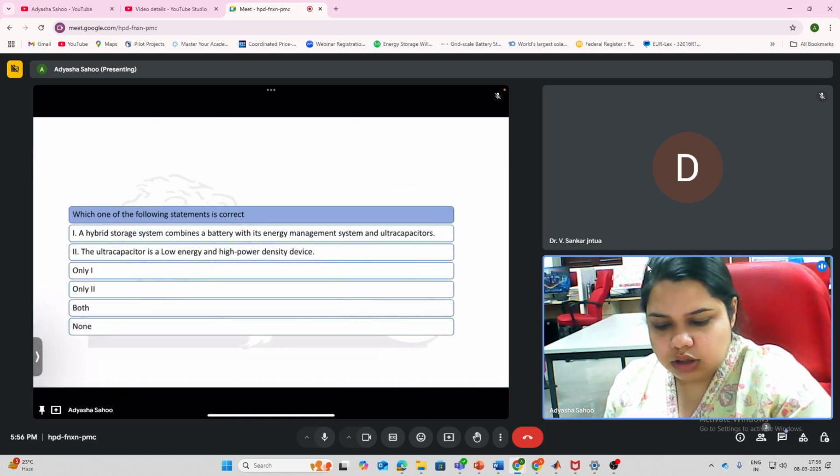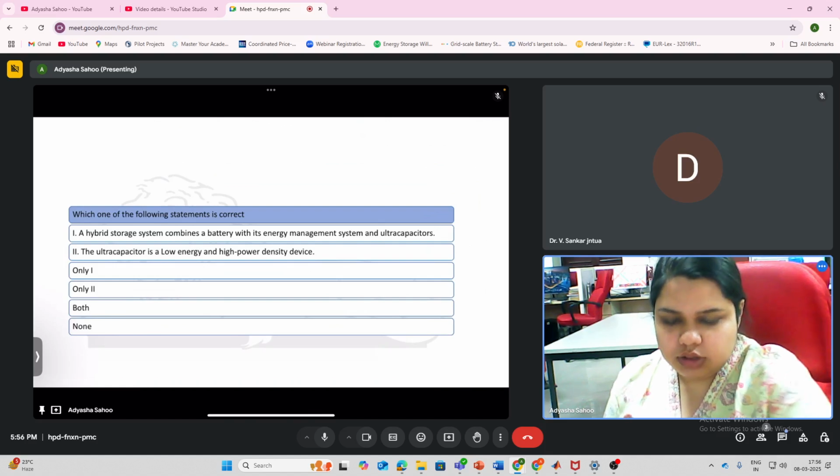Which of the following is correct? A hybrid storage system combines a battery with its energy management system and ultra capacitors. The ultra capacitor is a low energy and high power density device. Which statement is correct?